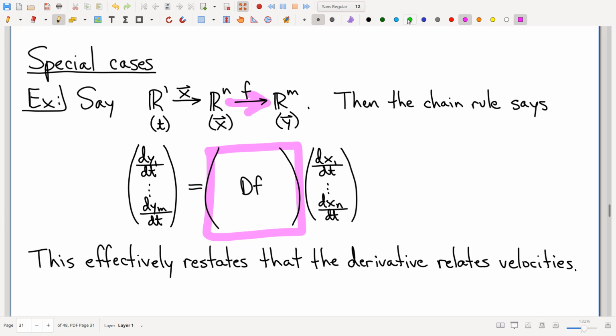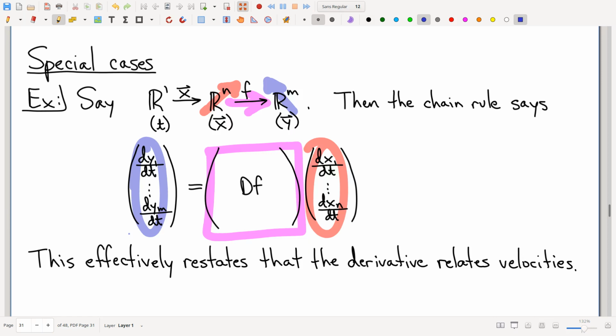The derivative of f takes an input velocity in Rn, and spits out an output velocity in Rm. As we established a couple sections back, in 2.3, that's what the DF matrix does. It turns input velocities into output velocities.